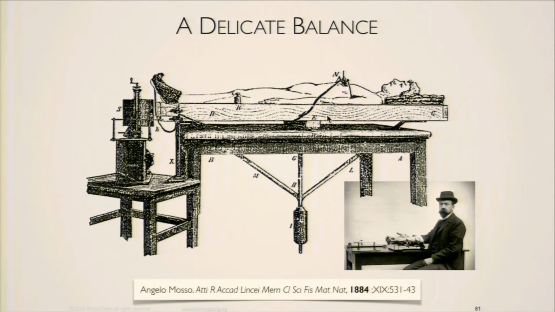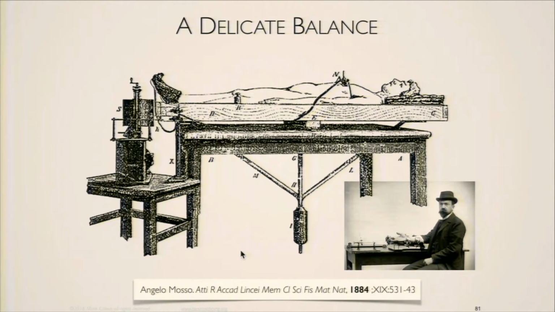Okay? And then attached to the end of this table is a pen, which is writing on a little rotating disc. And if the balance goes down towards the head, the pen goes up, right? Simple thing.